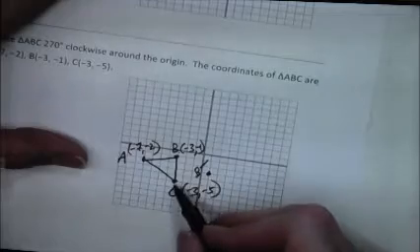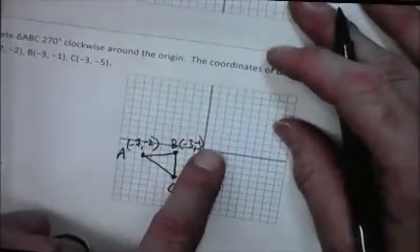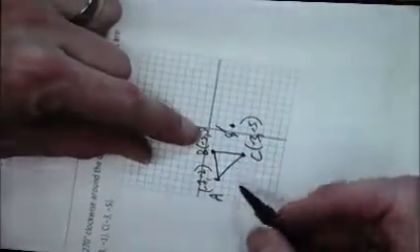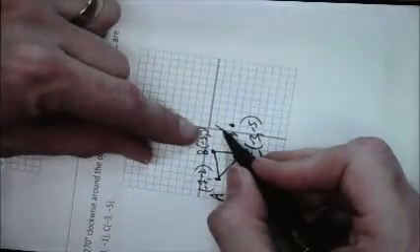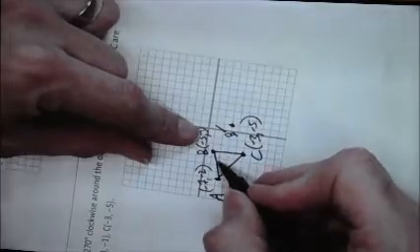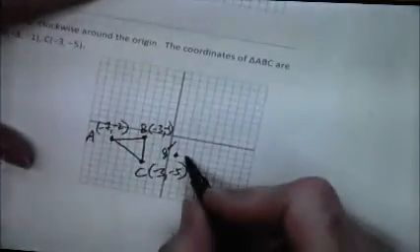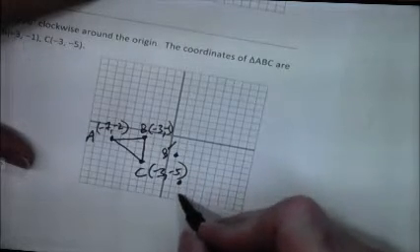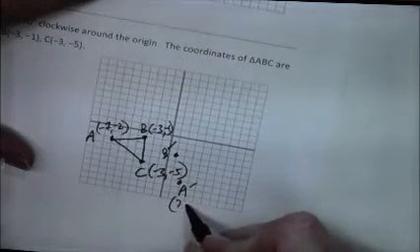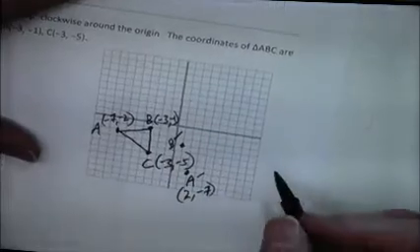And then the C, actually A, I guess I'll do A. So I'm going to go this way. A is at 2 and 7. That's A prime, 2 and -7.